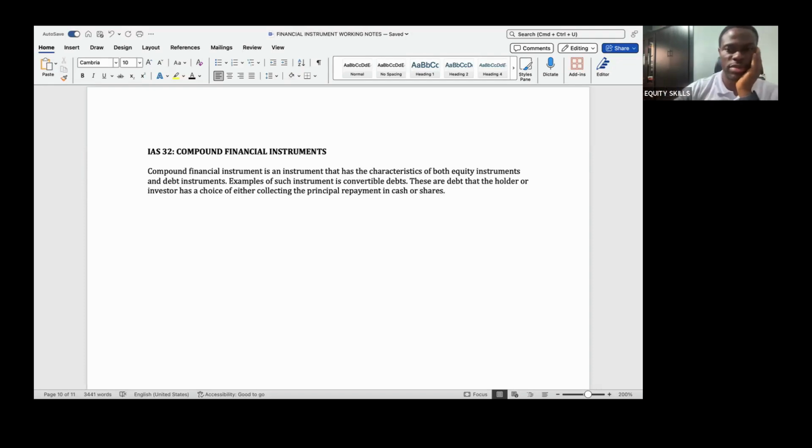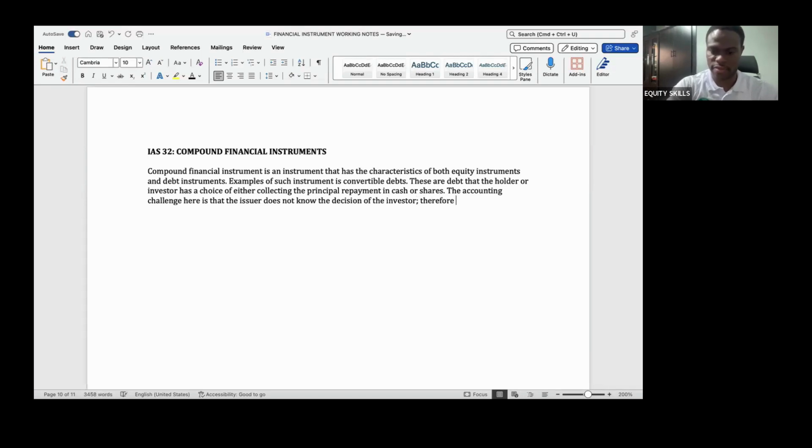That's a convertible debt, meaning that the holder or the investor can decide whether he wants to collect the principal in cash or in shares. So the accounting challenge here is that the issuer, which is our own focus, the person borrowing the money, does not know the decision of the investor.